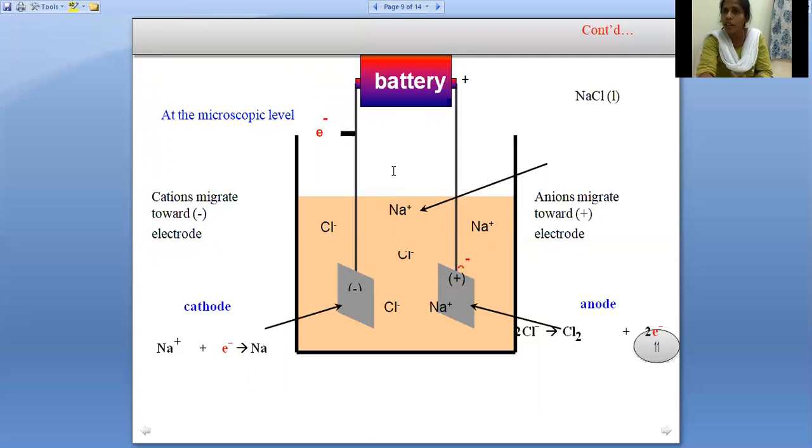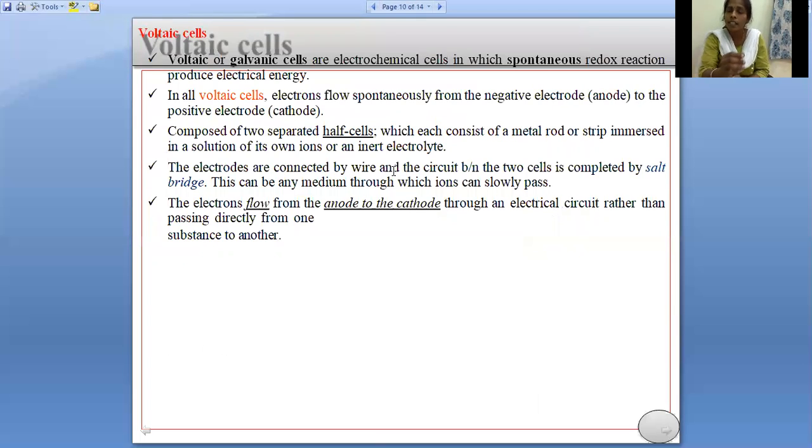But in the voltaic cell, we have two half cells: one electrode dipping in its own salt solution, and the other electrode also dipping in its own salt solution.